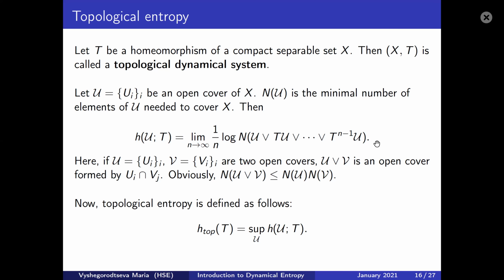We take the limit of the following function, and then we define topological entropy as the supremum taken over all open covers of X, and this is how we define topological entropy for a topological dynamical system.